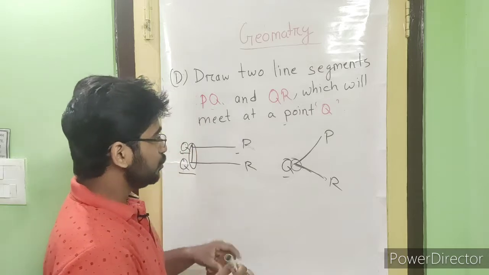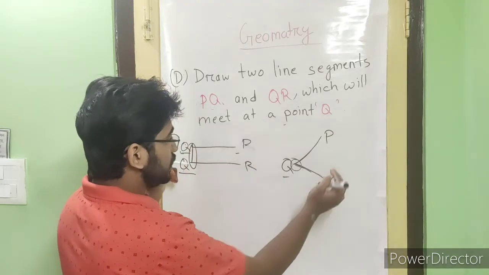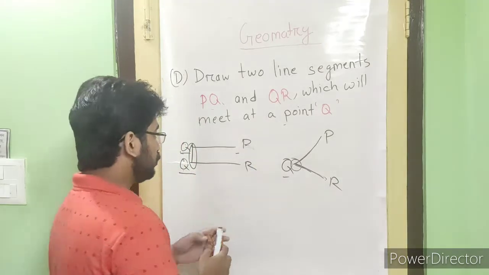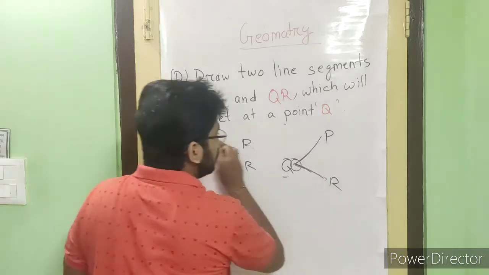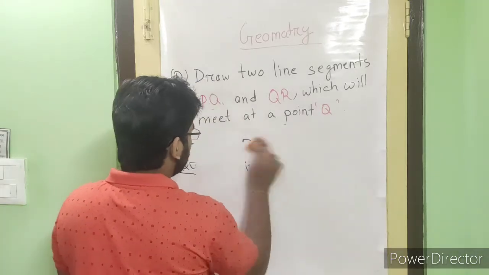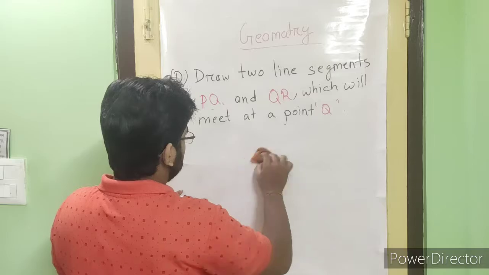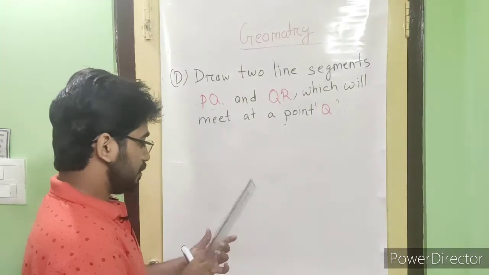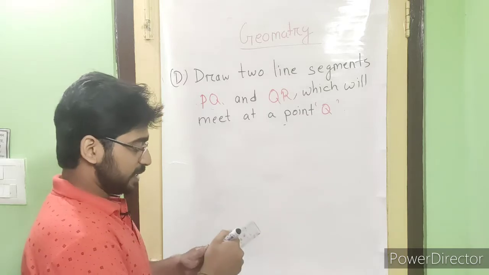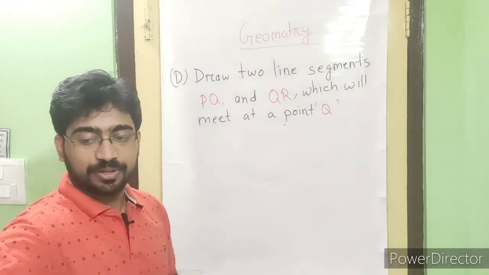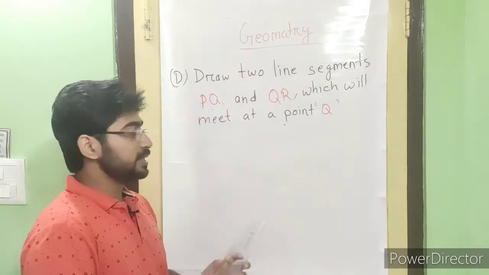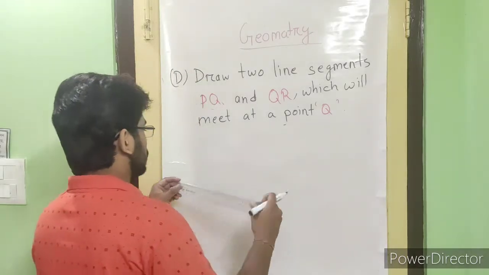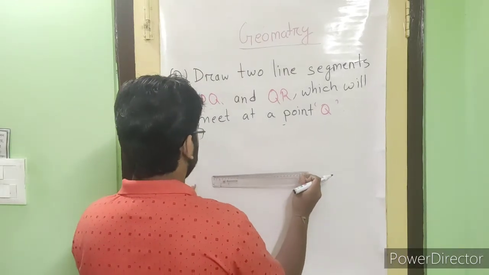So now we have done the rough work. Now we need to do the main portion of this question. Okay, so again I am taking a scale, and as the length has not been given to us and is not fixed, we will decide it ourselves.